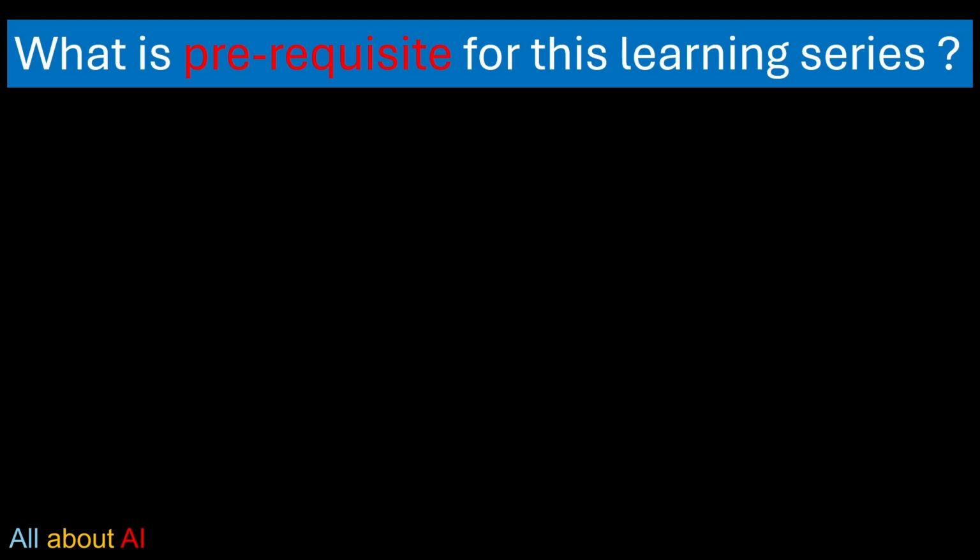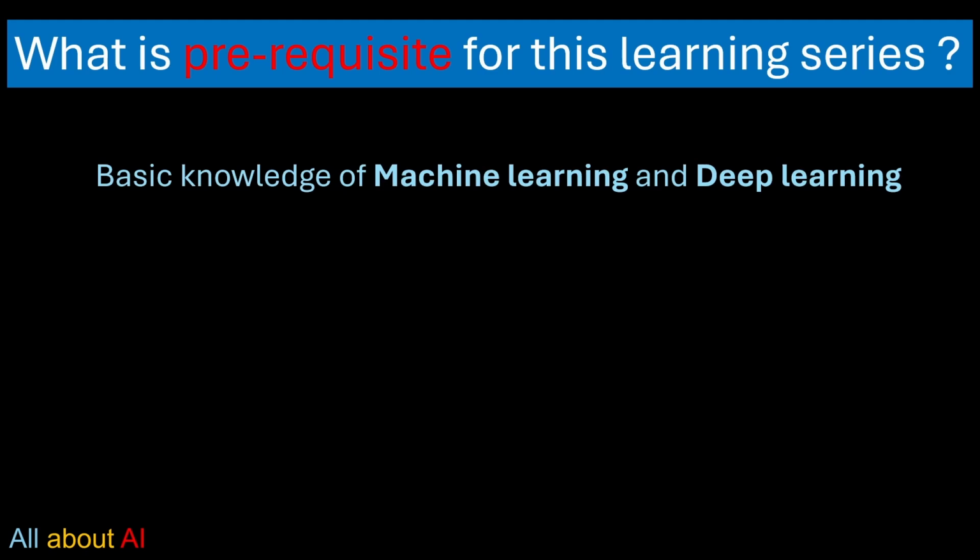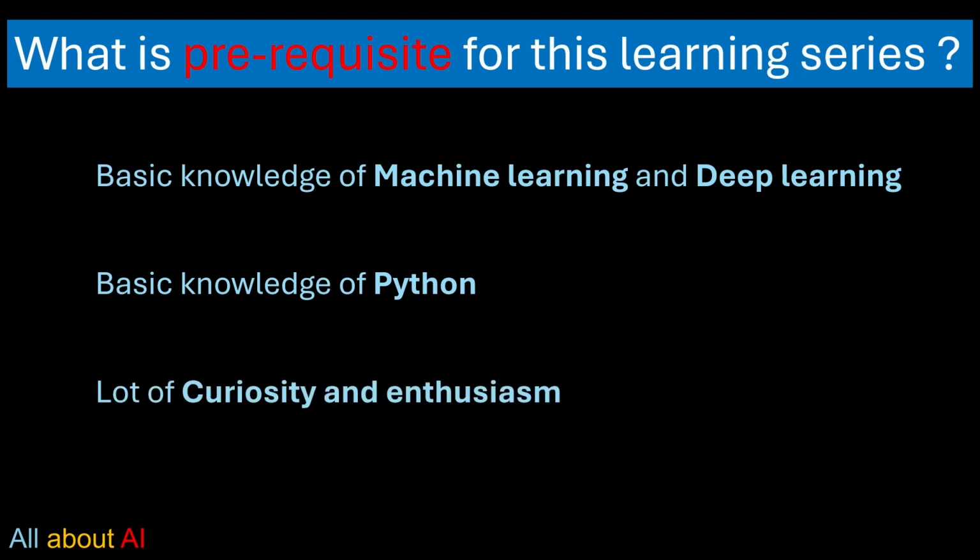Now, before we end this video, I think it is good to know the prerequisites for this learning series. A basic understanding of machine learning and deep learning will help, especially when we dive into key concepts and technical terms, but it's not mandatory. If you want to follow along with the coding implementations, some knowledge of Python is required. But don't worry, if coding isn't your thing, you can still grasp most of the concepts, as I will explain everything in simple English. The most important thing needed for this series is a lot of curiosity and enthusiasm.